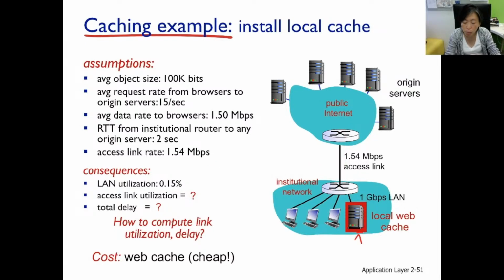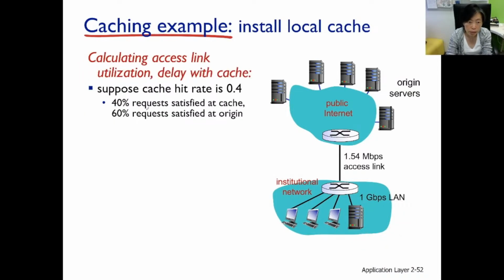The proportion of the requests being satisfied locally, that's the hit rate or the success rate. Let's suppose the hit rate is 0.4. Then 40% of the requests will just stay here. Only 60% goes out and back.